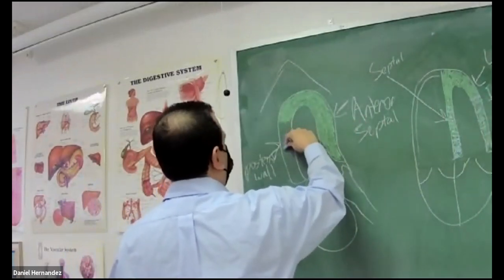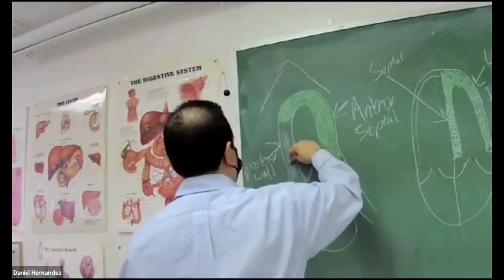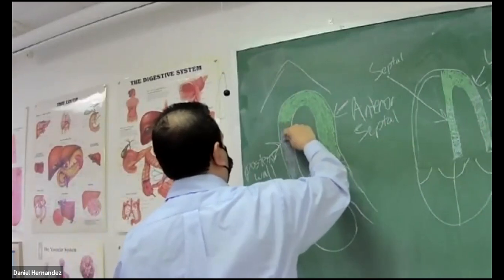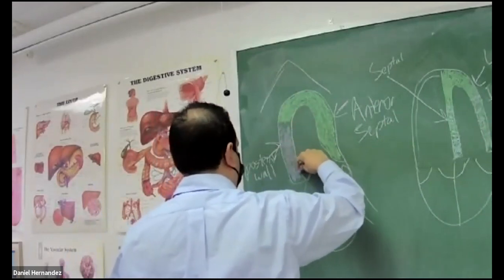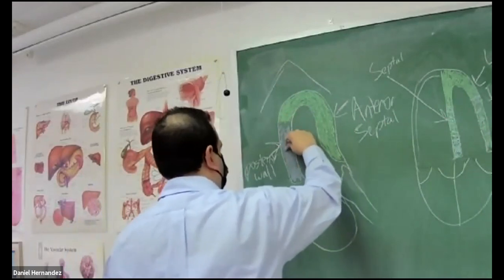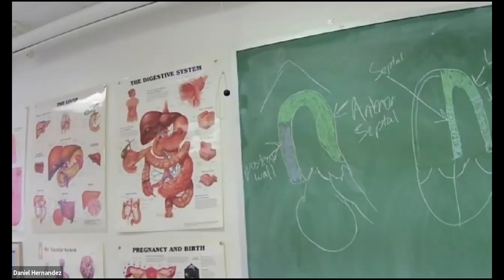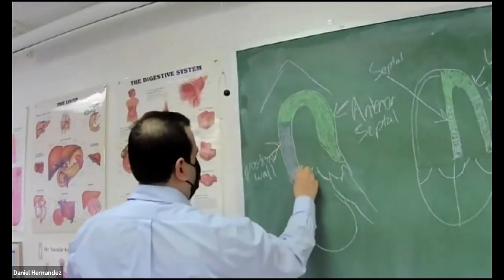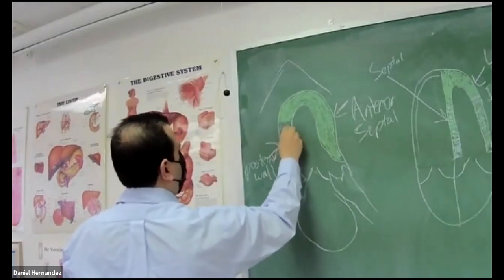In the posterior wall, we can have circumflex, or also the right coronary artery.